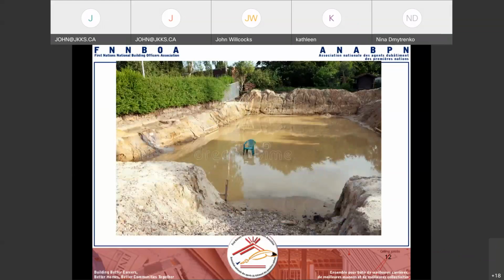Another risk here is of weather. Looks like they dug for a foundation, and they hit water either through rain or ground seepage up. But obviously there's a risk here.